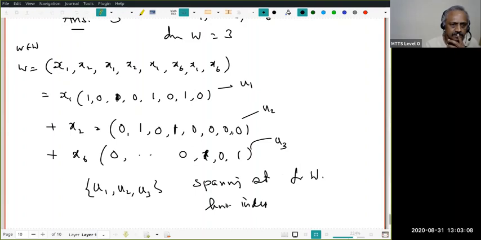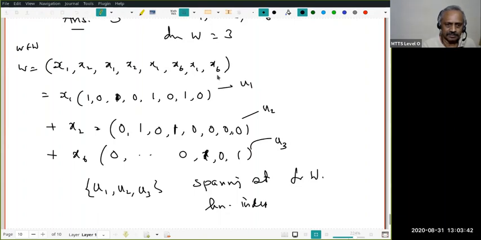Okay. And here, is it linearly independent? Yes, because if a1 times u1 plus a2 times u2 plus a3 times u3 equals 0, that is going to give me a1, a1, a2, a2, a1, a3, a1, a3, and that is equal to the 0 vector.